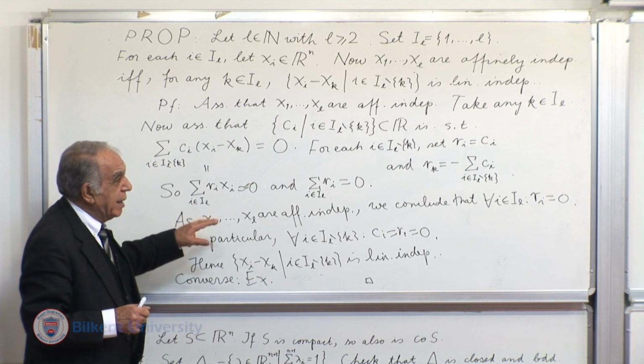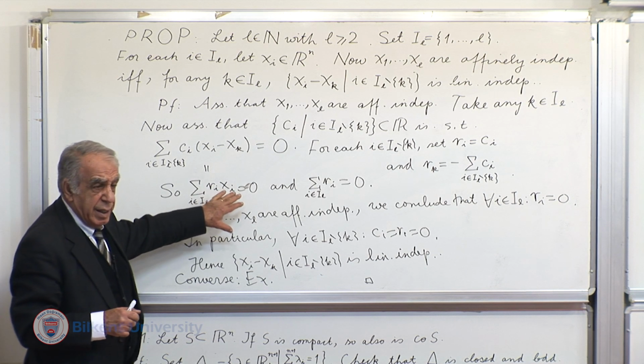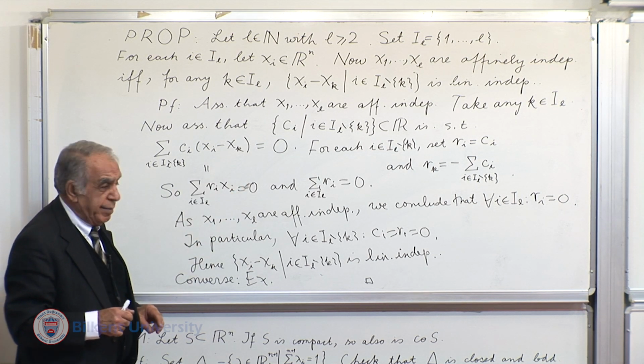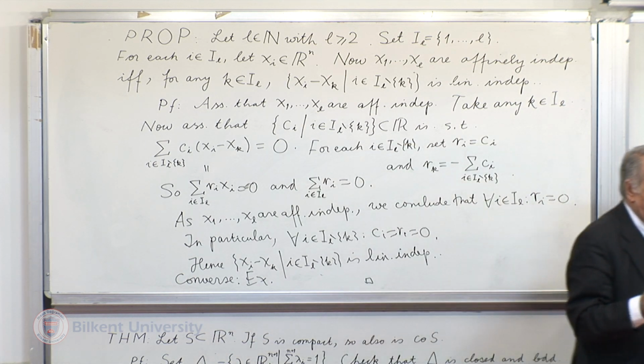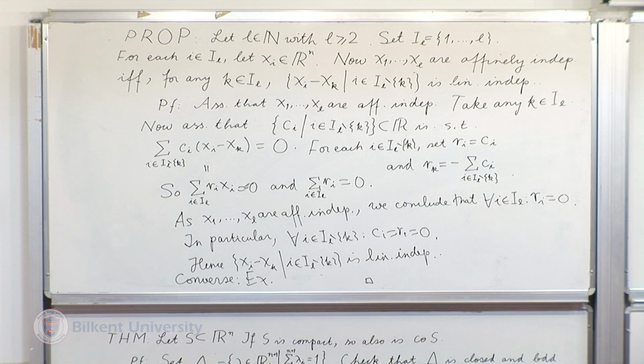Now we'll see that this will be a crucial notion in generalizing points, lines, planes in R^3 to similar objects in higher dimensions. This will be the main notion that we will utilize.